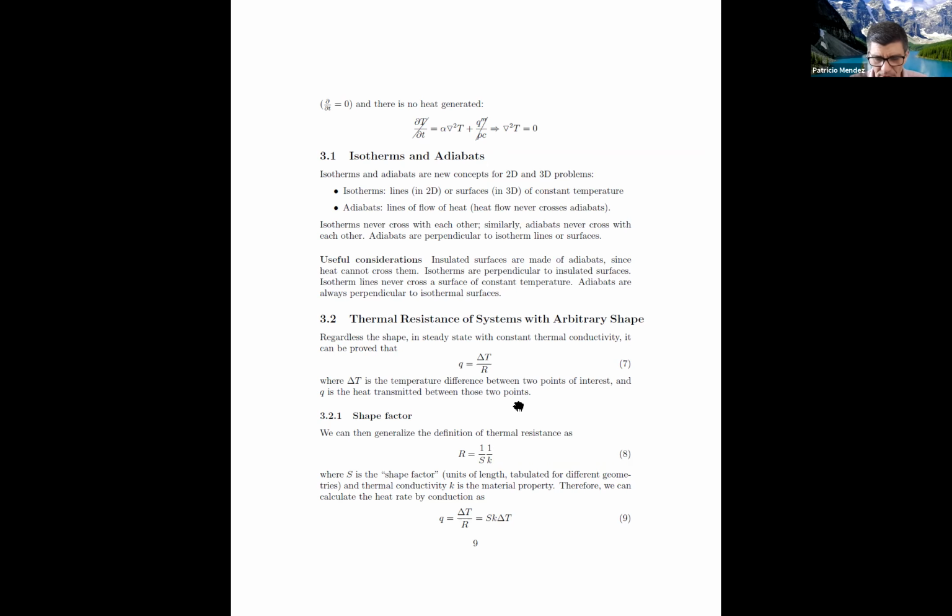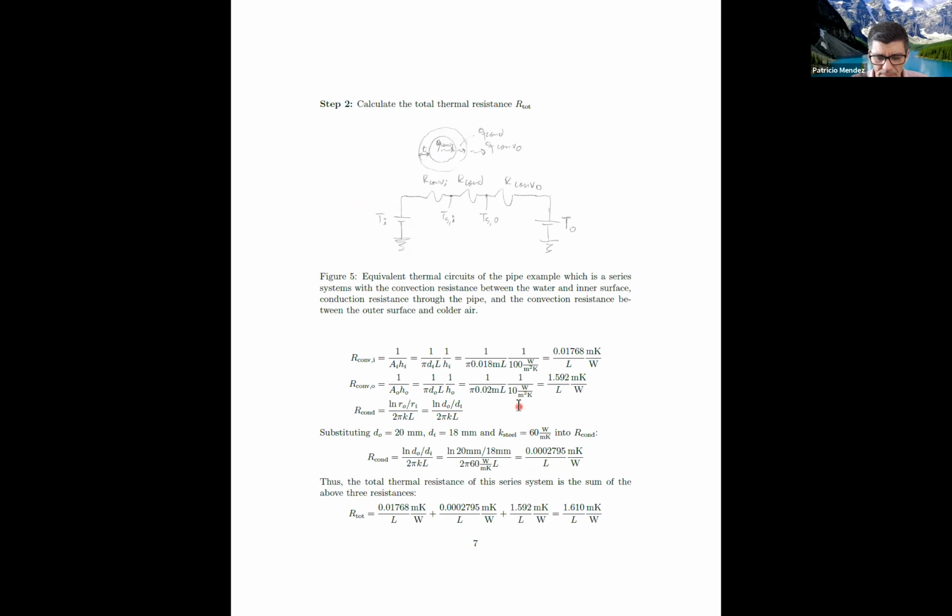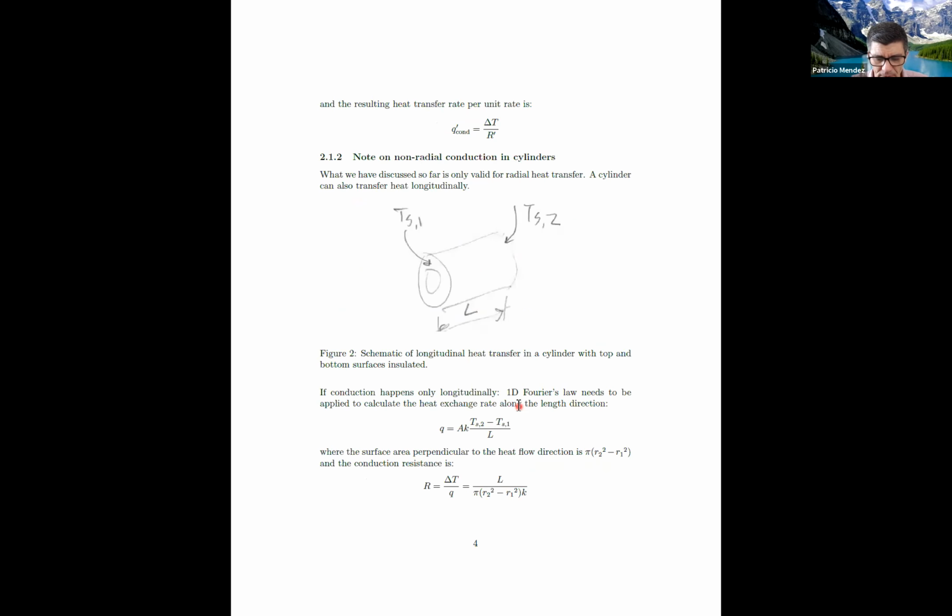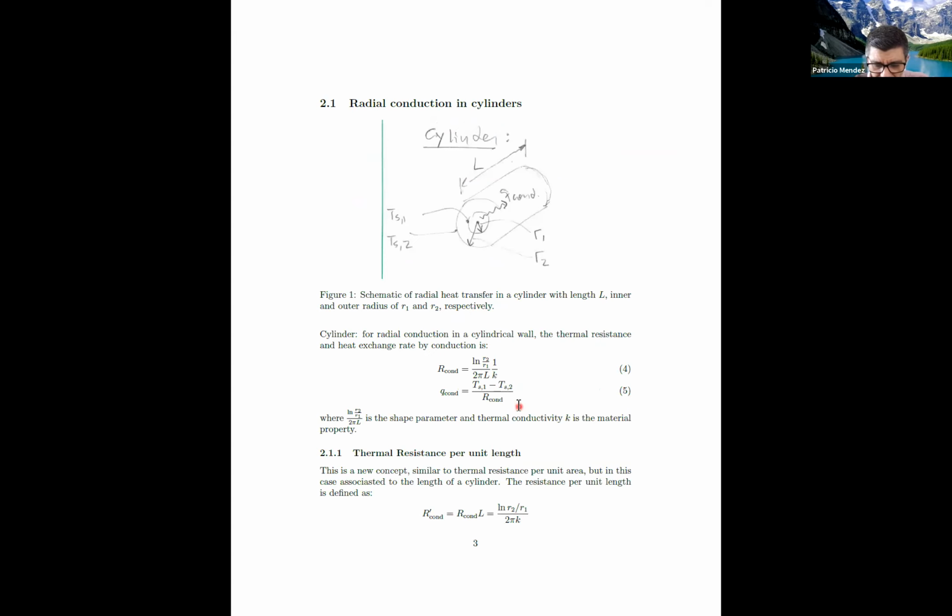Let's see what we had before. When you look at the thermal resistance, in this case, of a cylinder, you see here that you have some kind of math and then a 1 over k. This k here is the thermal conductivity.